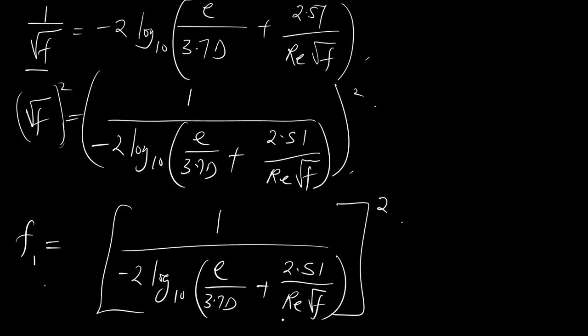We will assume f and solve for f1, and now compare the value of f1 and f to see if they are close enough. If the difference is approximately 0, we stop. So that is the logic on how to solve this, because this is an implicit function. So let's begin.